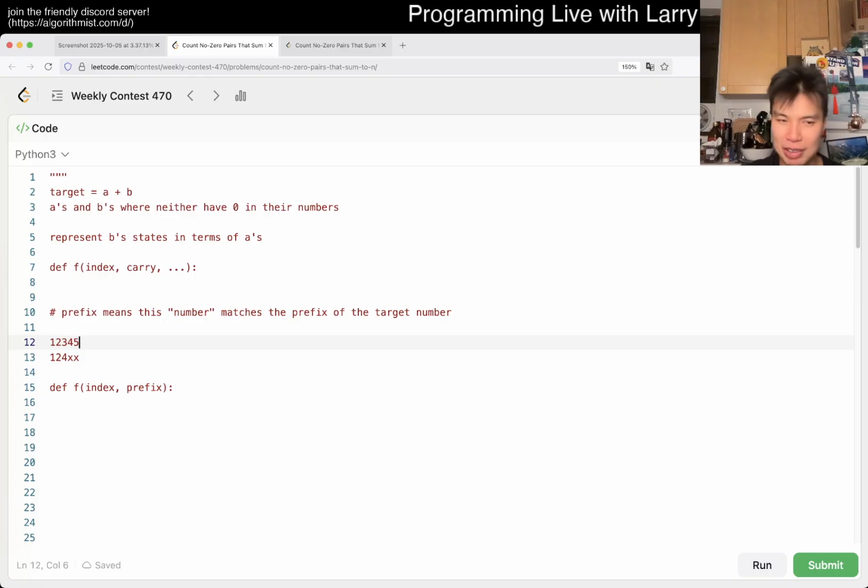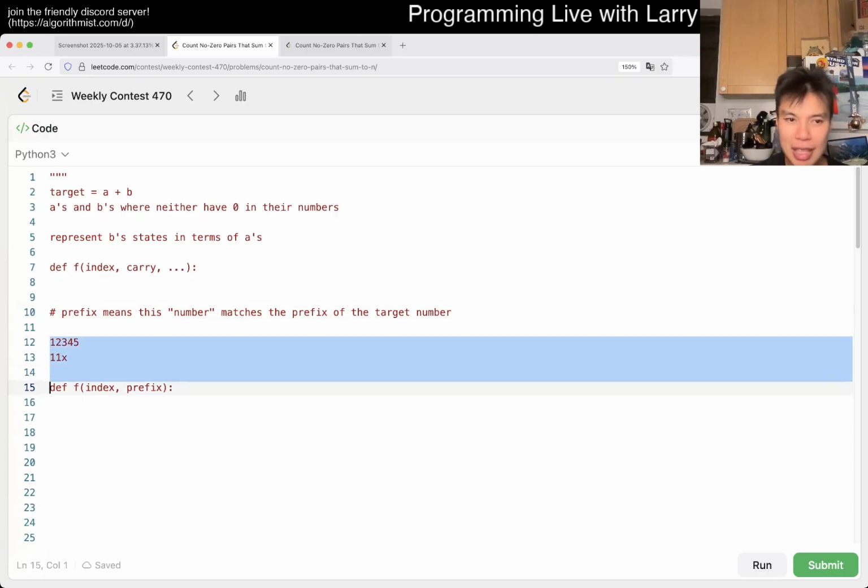Because we want to keep the number from 0 to 12345, we have to just keep track of whether the prefix matches, and if it doesn't match, then it doesn't matter. Because if this is a 1, then X can be anything. It could be 0, well, not in this problem, but it could be as small as it wants and all the way up to 9, right?